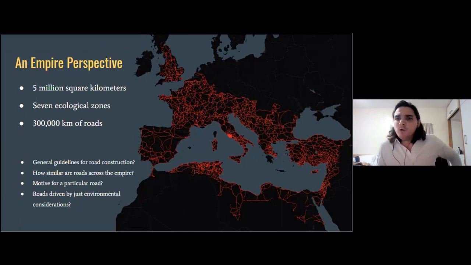From the temperate northwestern provinces, such as Britain and France, characterized by seasonality and high levels of precipitation, to the arid summers and wet winters of the Mediterranean, to the deserts of Egypt. The expansion, consolidation, and functioning of this very large empire was only possible through the establishment of a well-maintained road system, and it's roughly 300,000 kilometers of roads. About 90,000 of these are paved.